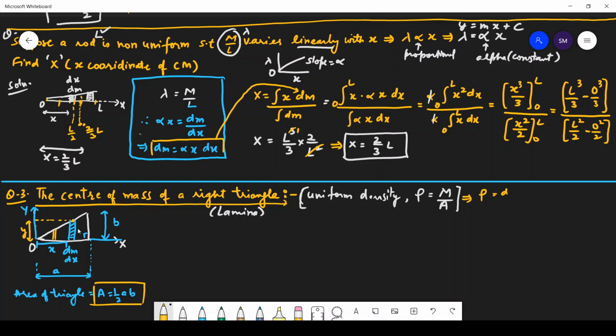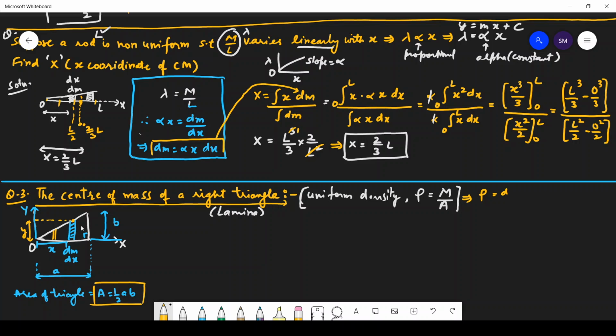So what will be the mass of each strip? Will you be taking area or volume?